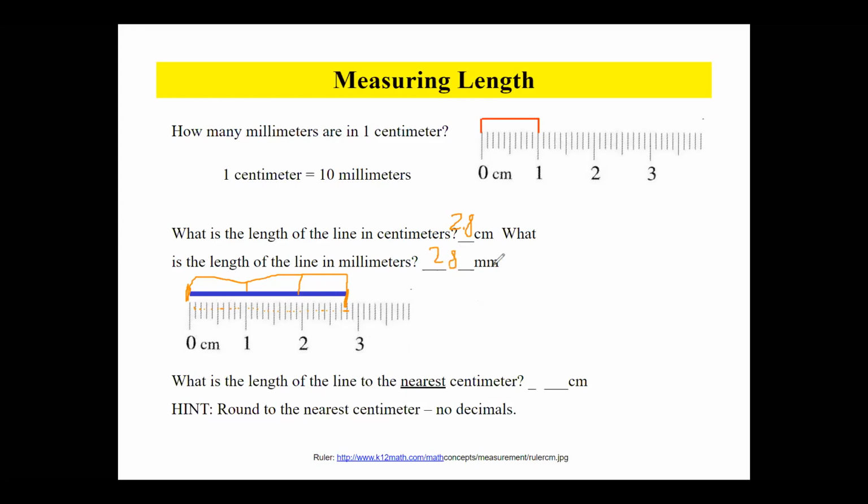So we could say that this blue line is 2.8 centimeters long. We could also say that it is 28 millimeters long. Both of those are equally correct. It just depends on what unit you want to use, whether you want to use the bigger centimeters or the teeny tiny millimeters.